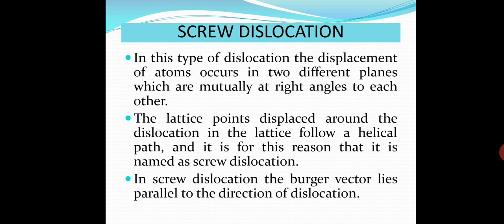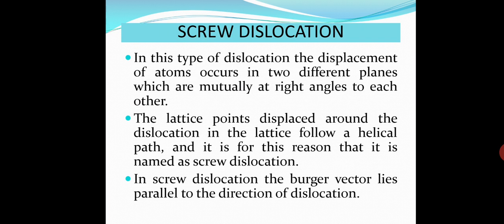So screw dislocation occurs at two different planes which are mutually at right angles to each other, and the line of dislocation follows a helical path.